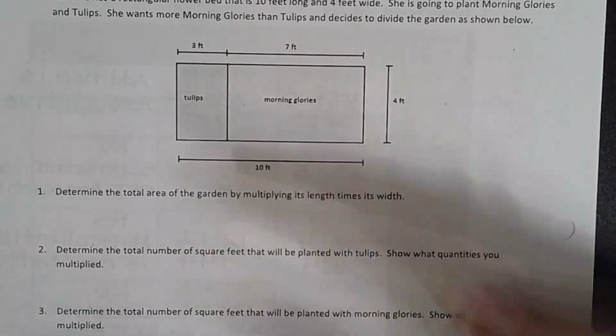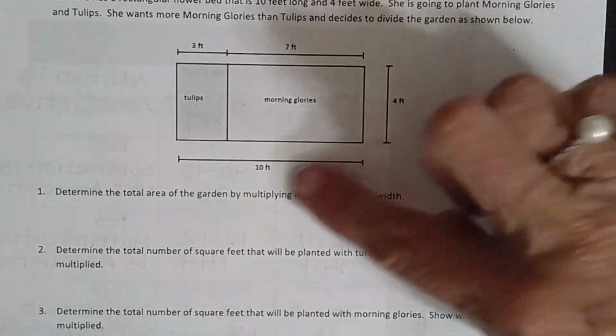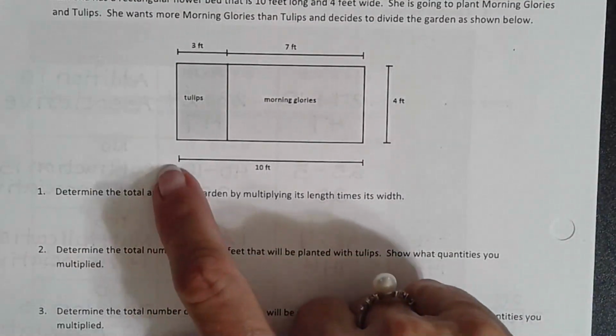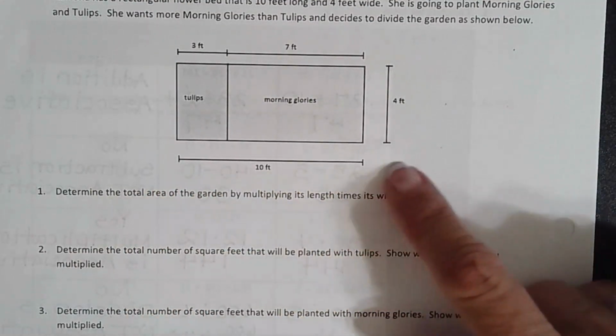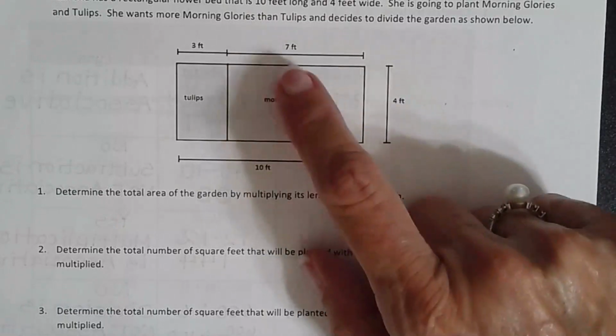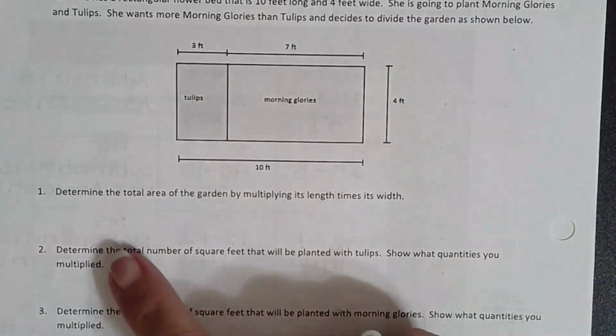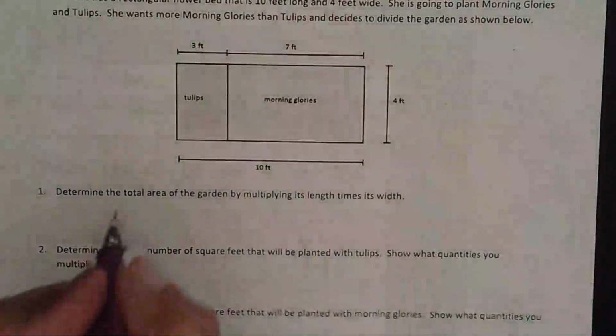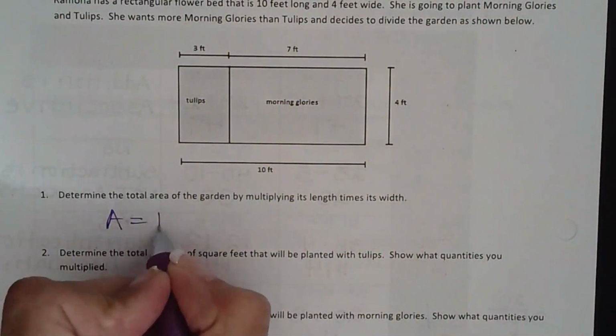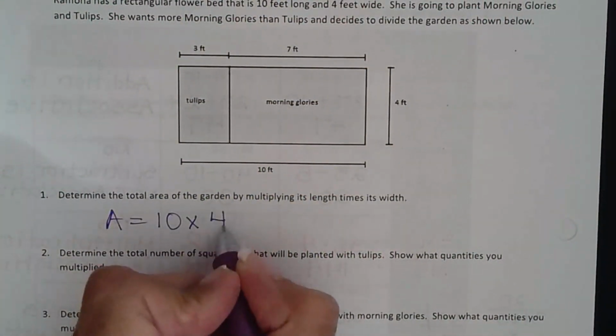So total area means the whole big rectangle. So the whole big rectangle would be 10 times 4. We would ignore these partitions because they're asking for total. So area equals 10 times 4, which is 40.